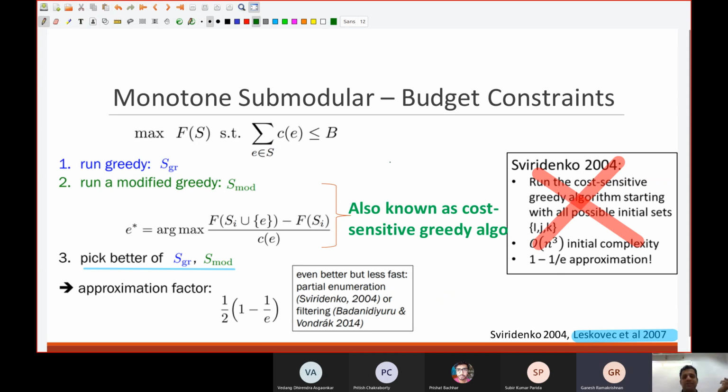And this complexity is still just order nk only, right? And the approximation factor. This still gives you an approximation factor of not 1 minus 1 over e, but half. Now this is not very satisfying, right?